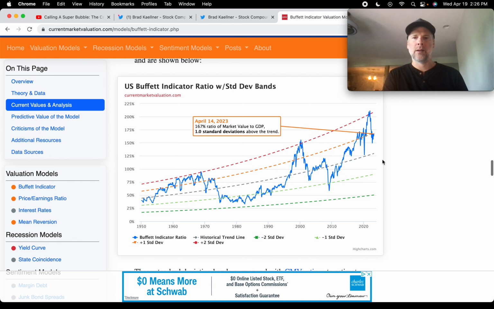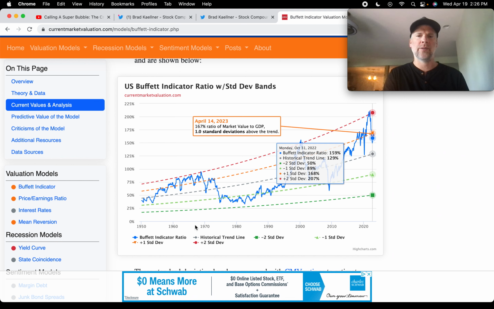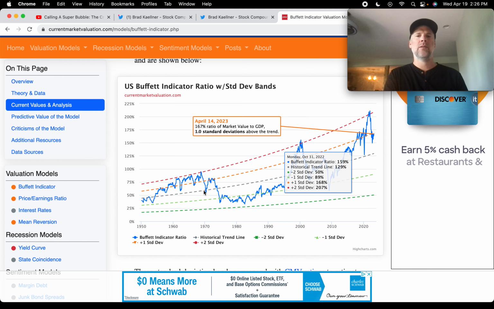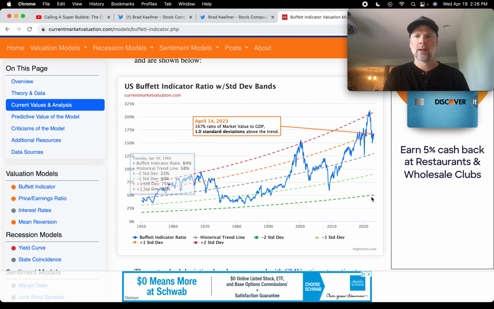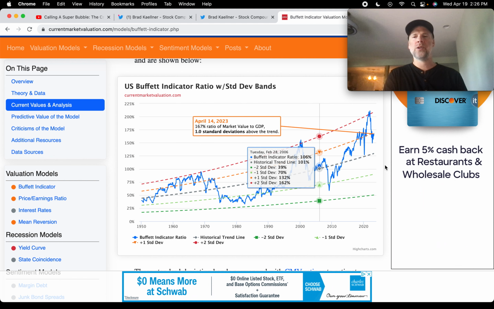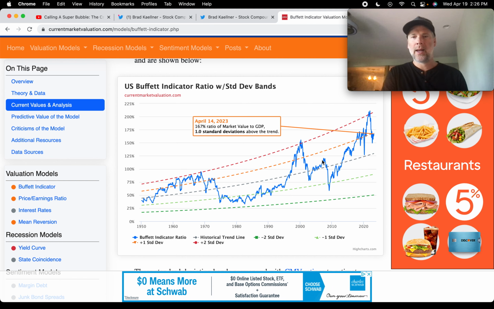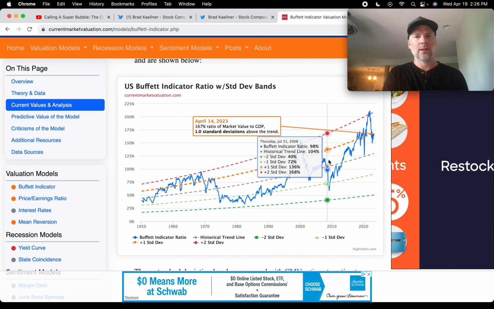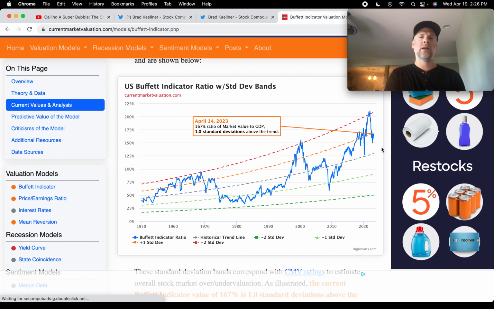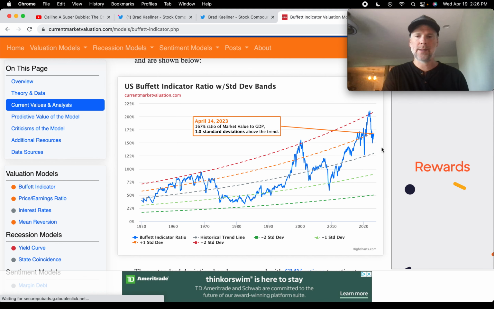So we can see the dashed red line is 2 standard deviations. You can see it got there in the late 1960s. It exceeded that 2 standard deviations in the dot-com bubble. You can see it didn't get even close in the housing crisis.